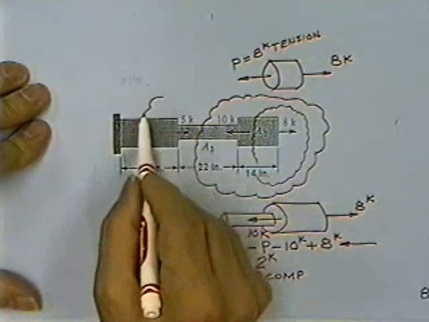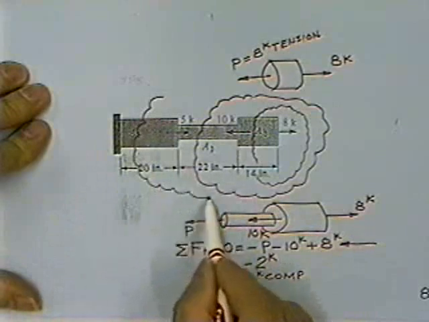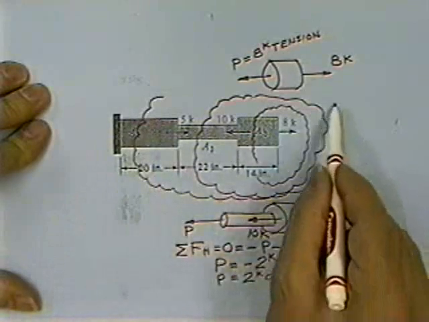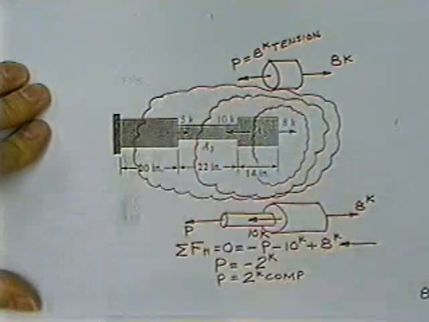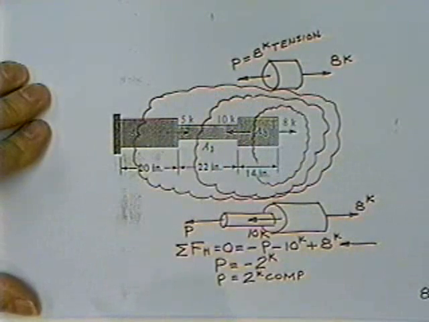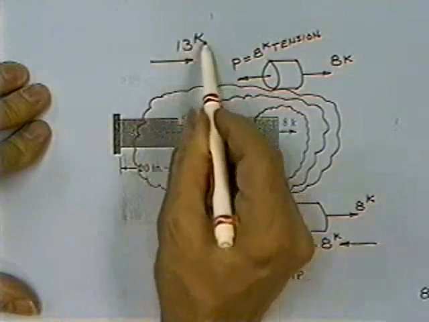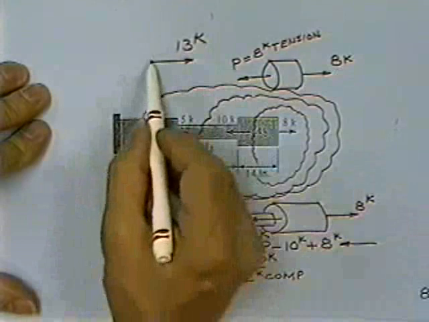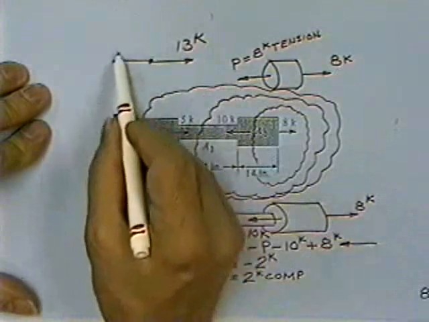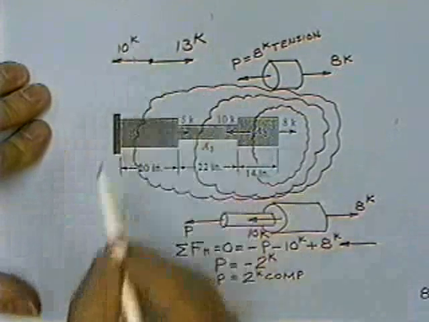And then you do the same thing for the last free body. Obviously, you probably don't do this but once or twice and you start getting the idea. So you don't draw a whole free body. You simply look at it and say, all right, 8, 9, 10, 11, 12, there's 13 kips pushing to the right on something. Somebody's trying to help by pulling 10 kips to the left on that thing.